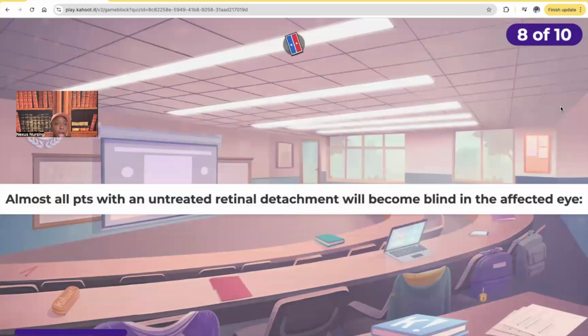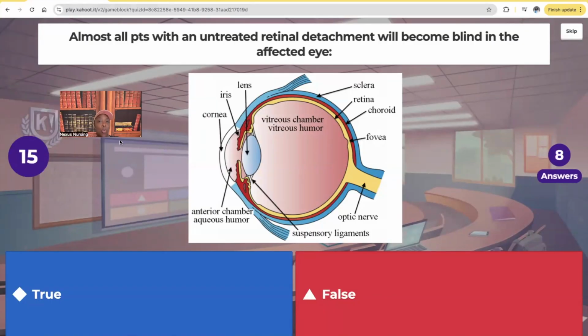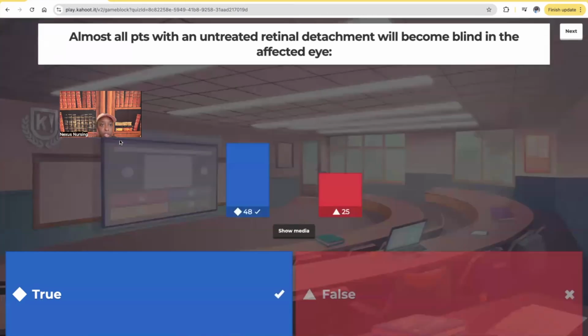True or false? Almost all patients with an untreated retinal detachment will become blind in the affected eye. Is this true or is this false? It's true.